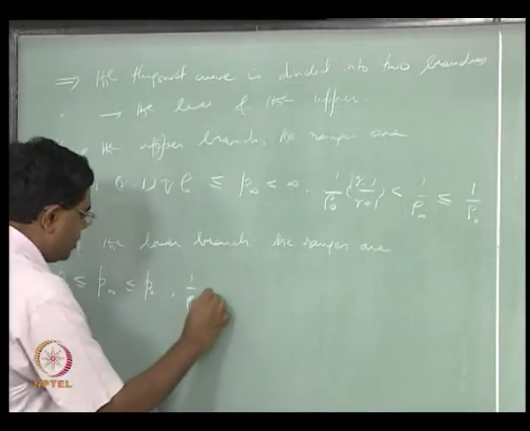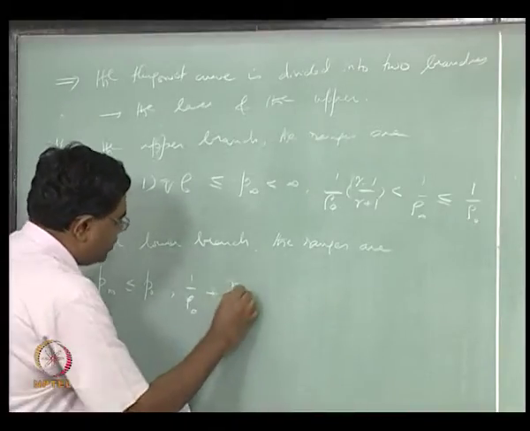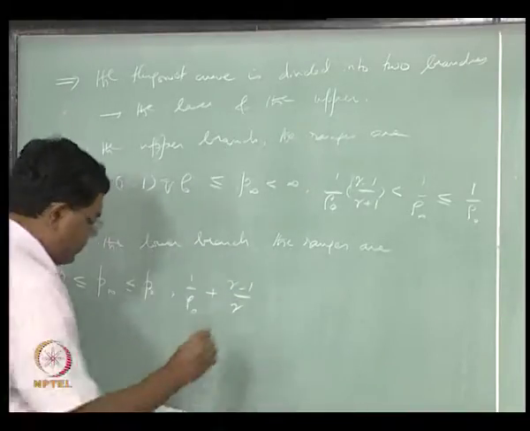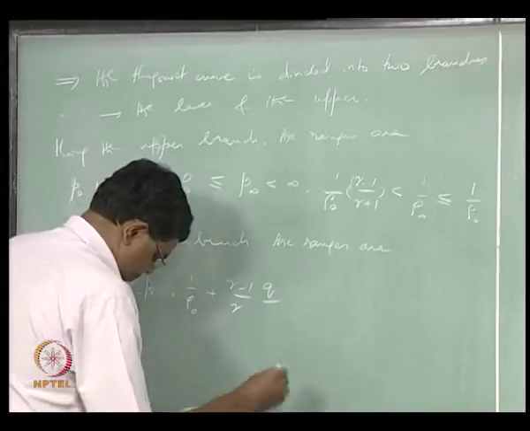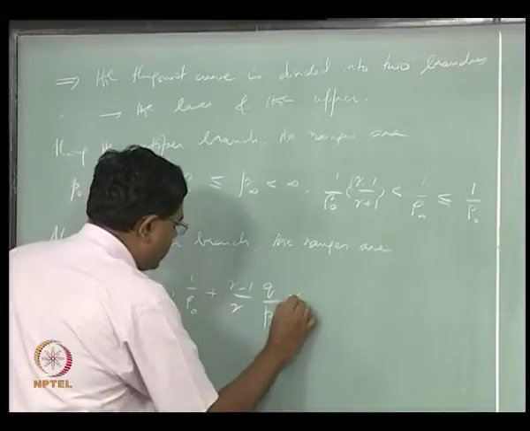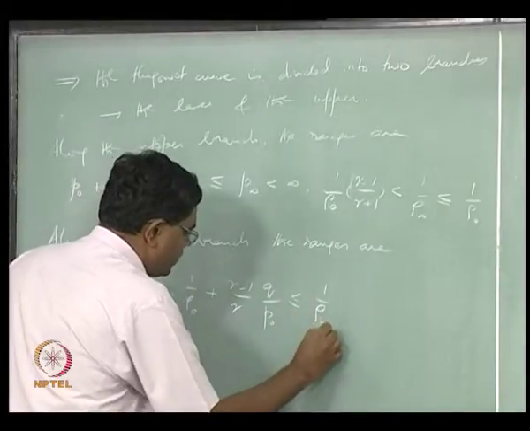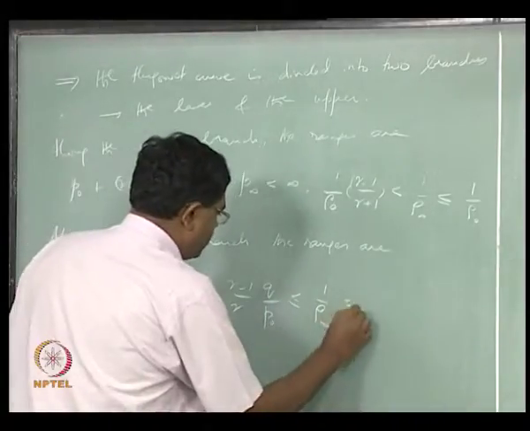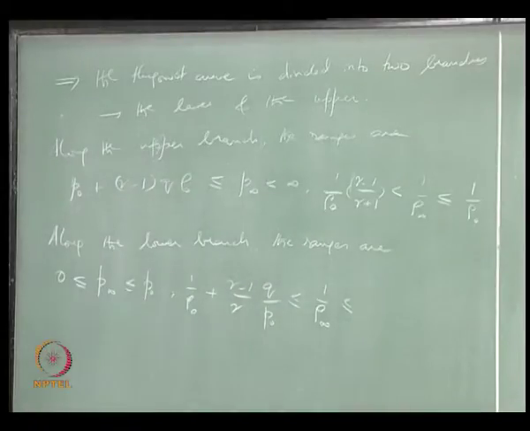So 1 over rho naught plus gamma minus 1 divided by gamma times Q divided by P naught less than or equal to 1 over rho infinity less than or equal to the other end where P infinity becomes 0.